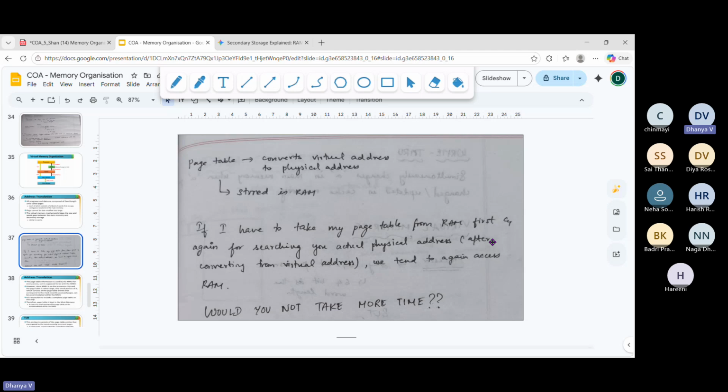We actually find the physical address in the RAM only, right? After converting from the virtual address to the physical address, that also we search from the RAM. So we are trying to access the RAM two times. Already we are saying that RAM itself is quite slow, so that's why we have cache and all.